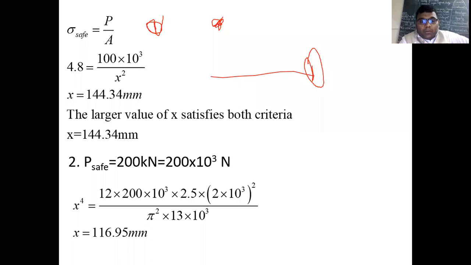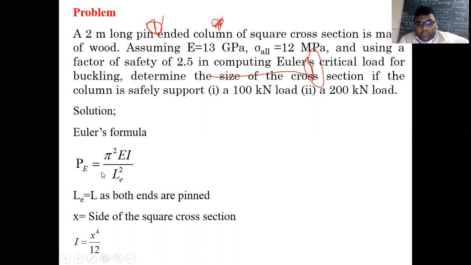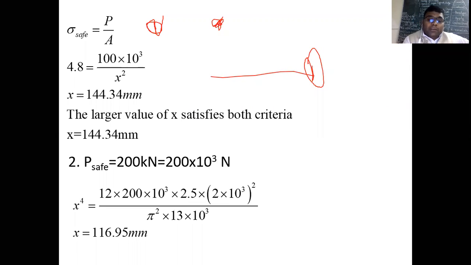Next. Okay. So every time in any question when P all or stress developed in the column is given, you have to validate it also. Okay, so next in the question, if the P_safe value is 200 kilonewton of load, then what will be the cross section? So using the same equation number one that we have derived, you put all the respective values there.